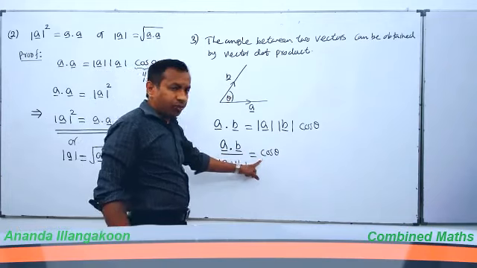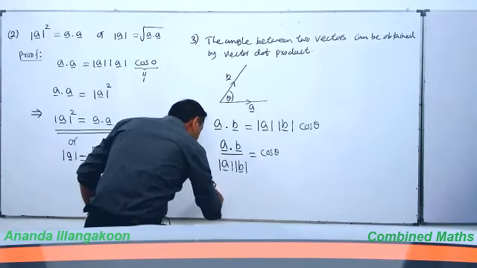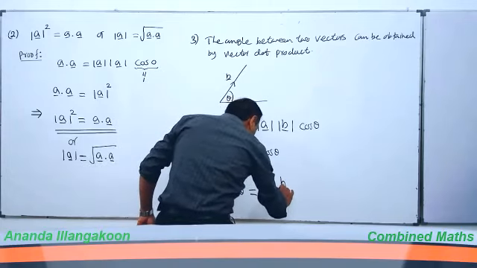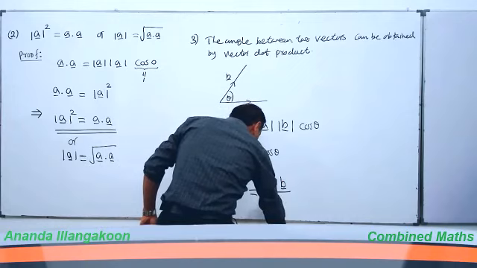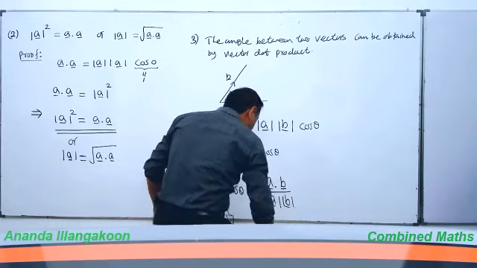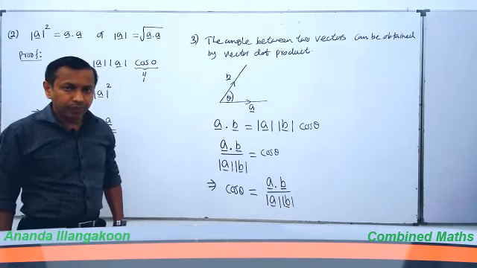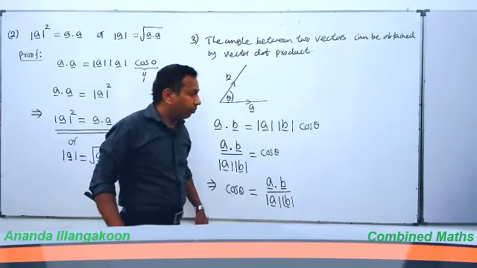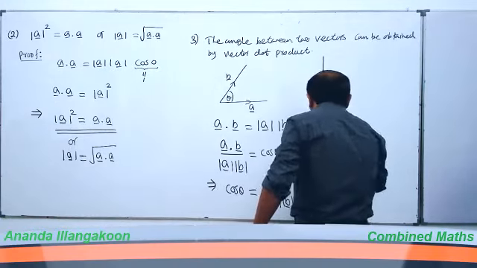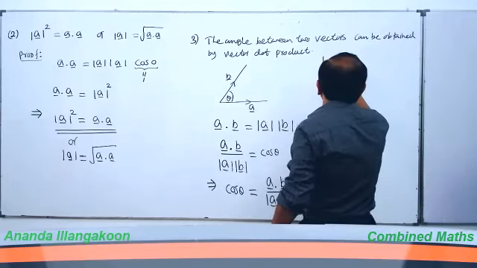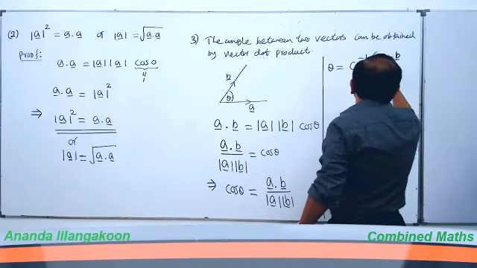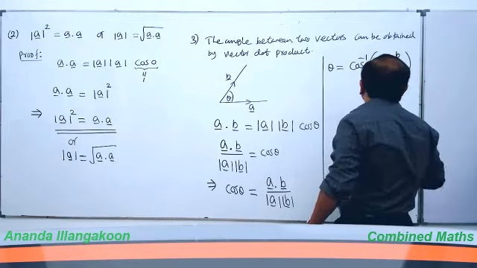This equals cos theta, means, people, cos theta equals A dot B divided by mod A mod B. This way. Then theta can be obtained by taking cos inverse on the right hand side. Theta is equal to cos inverse of A dot B divided by mod A mod B. This way.